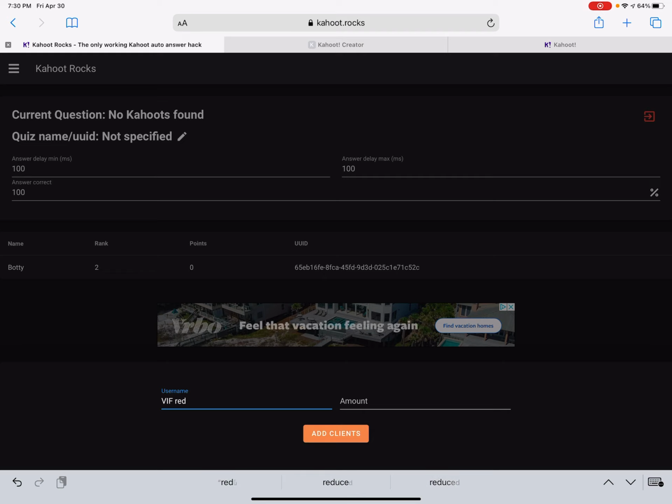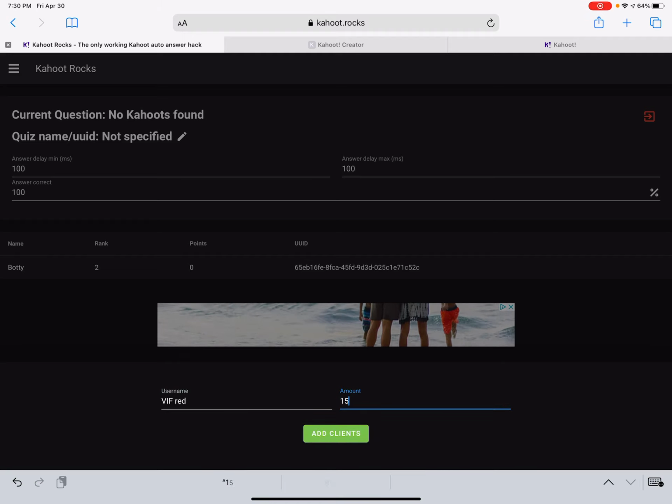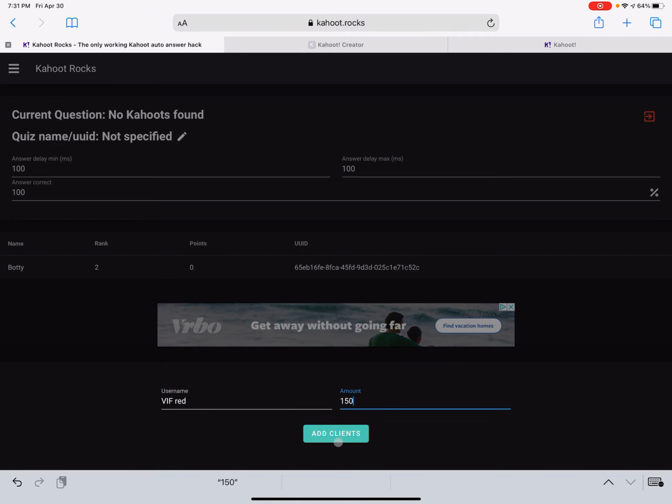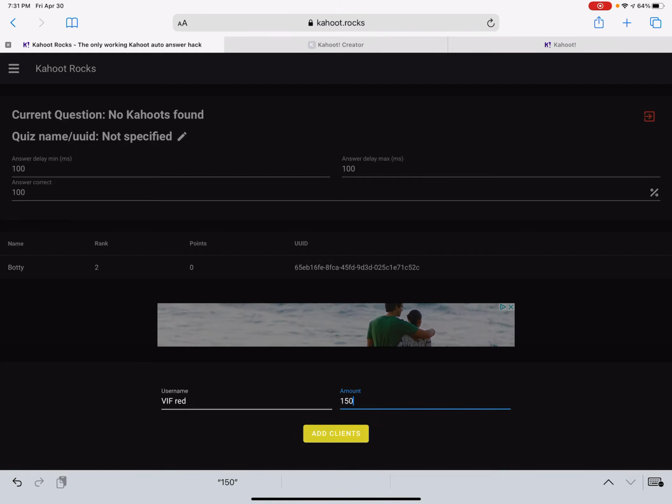Big Red. And you can say, I would like to add 150 to this game, and you hit add clients. And when you do that, the teacher is looking at their screen, and it'll see Big Red 01, Big Red 02, Big Red 03, and it'll just flood your game with too many players, and there's really not much you can do about it.